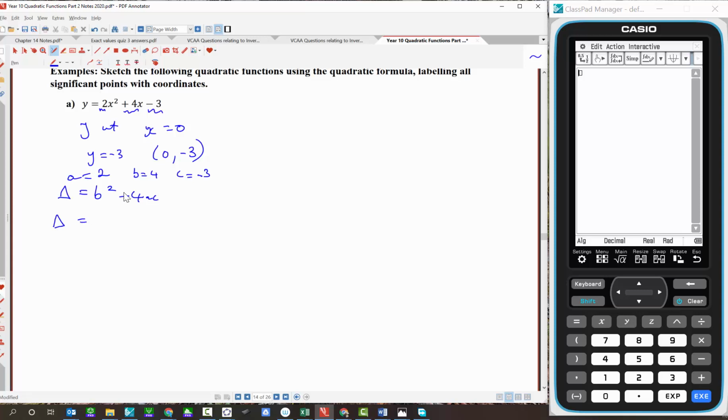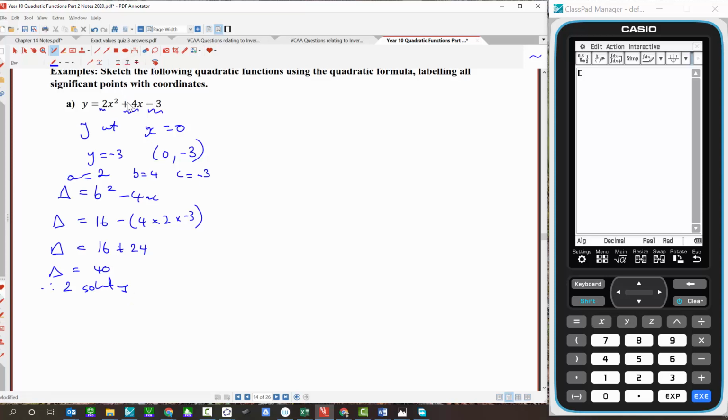Let's bang them in. b squared is 16, take 4 times a, which is 2, times c, which is negative 3. 16, that's 8, 24, plus 24. The discriminant is equal to 40. So therefore, we're going to say that this has two solutions.